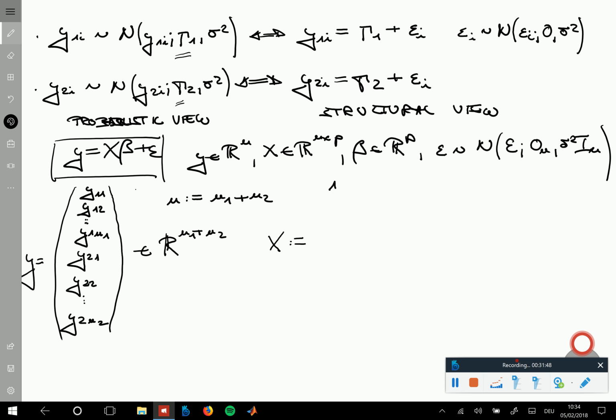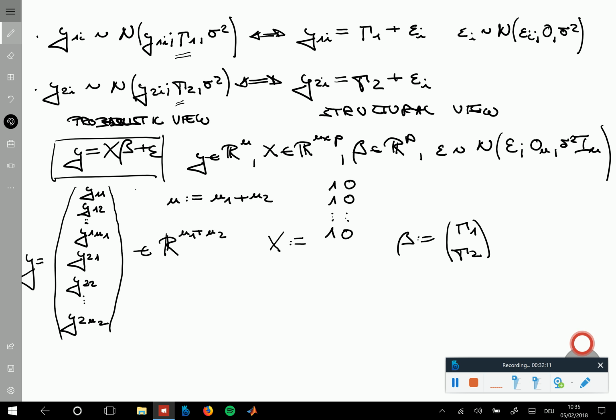So we take ones in a first column and zeros in a second column for the first group data, because we want to multiply this with a beta parameter vector that has mu1 and mu2 as its entries.